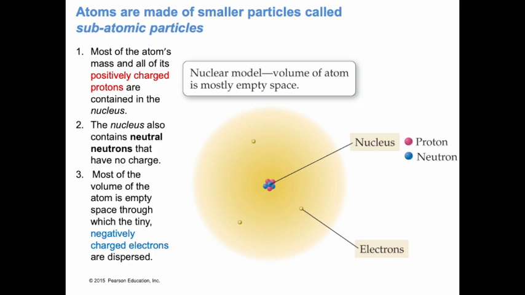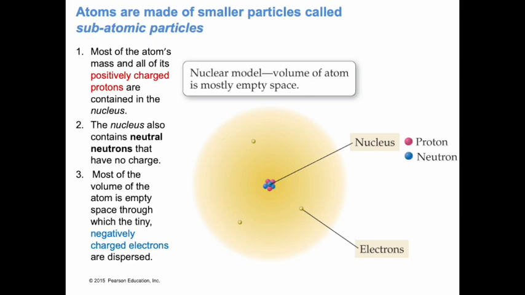Even when we consider how small they are, it's even more perplexing to think that they're actually mostly empty space. In the center of every atom is what we call the nucleus. The nucleus is where most of the atom's mass is, and all of its positively charged protons. Protons are positively charged particles, and they're in the nucleus.